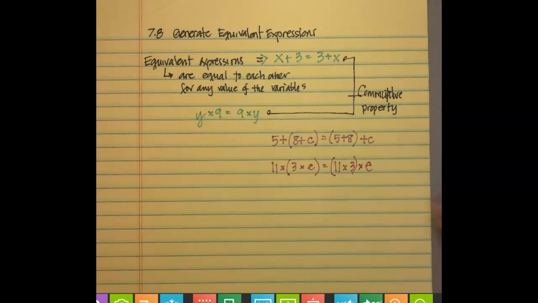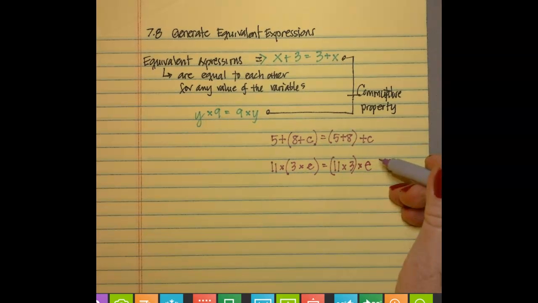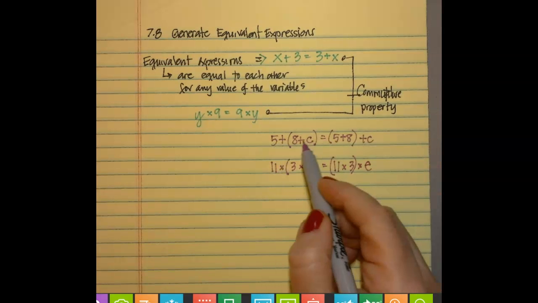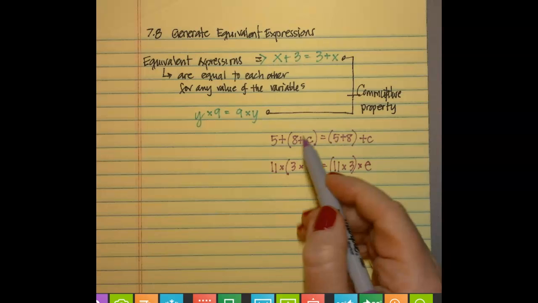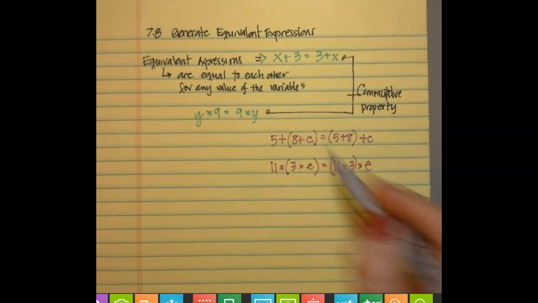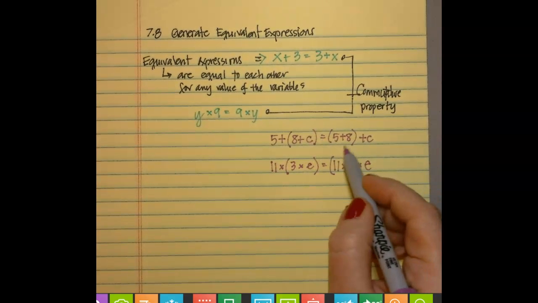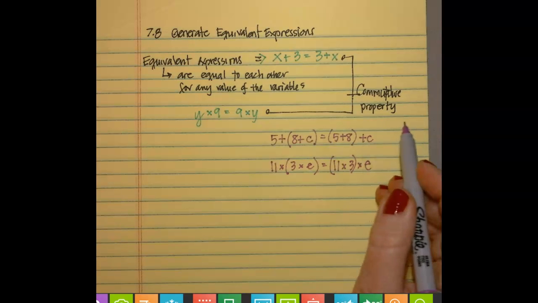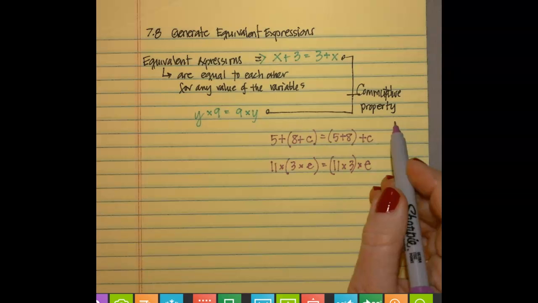Here we have another set of equivalent expressions. 5 plus, in parentheses, or grouped together, the sum of 8 and c equals the sum of 5 and 8, and c, the parentheses moved.